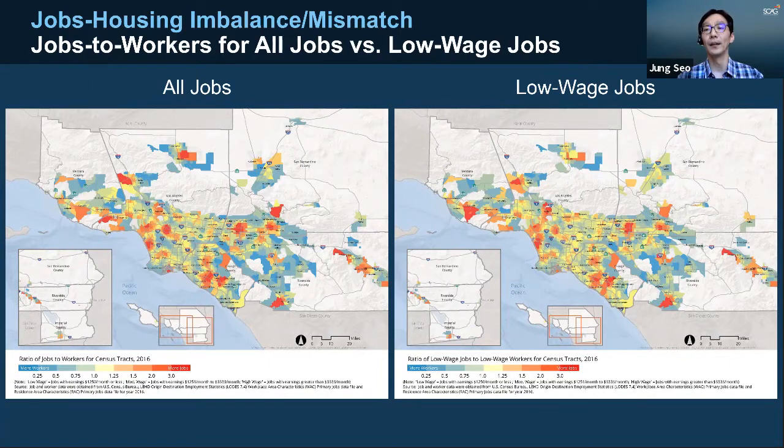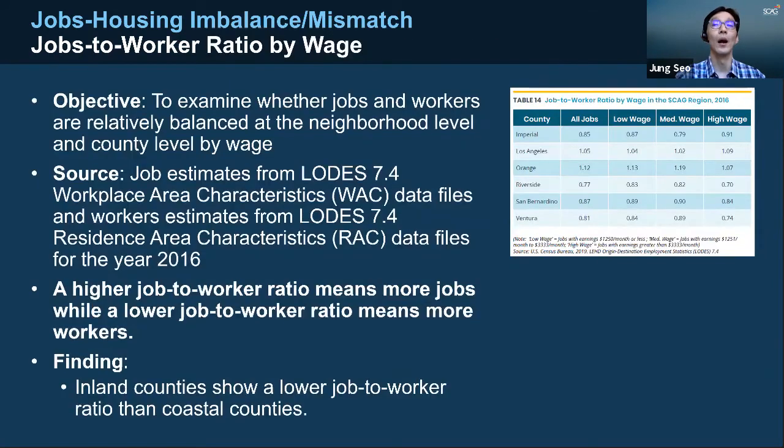Comparing the previous median commute distance analysis and this job to worker ratio between coastal counties and inland counties, the counties with the lower job to worker ratio would generate more long distance commuters. And it indicates the need for more job growth in inland counties, while the coastal counties need more housing growth.